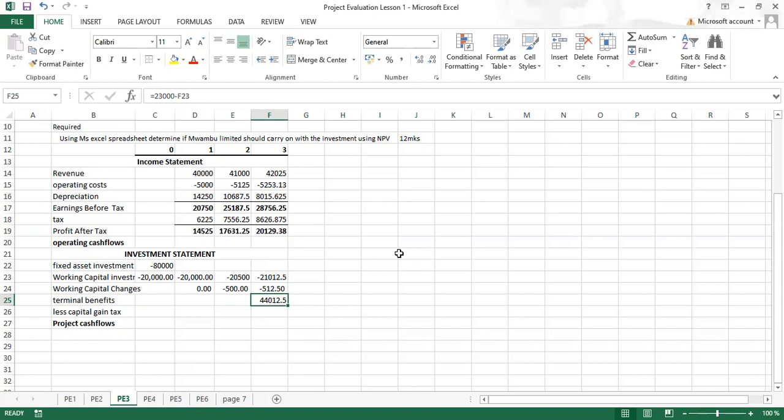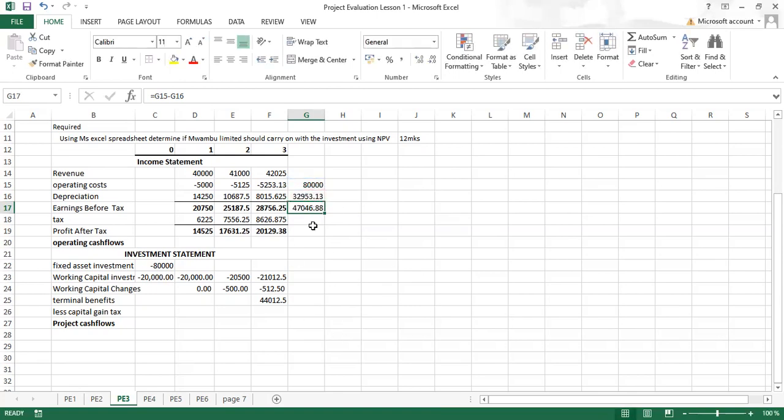So we must find our accumulated depreciation. You come here, you press Alt equals, it adds across, Control enter. And our investment was 80. So equals this one minus the accumulated depreciation.